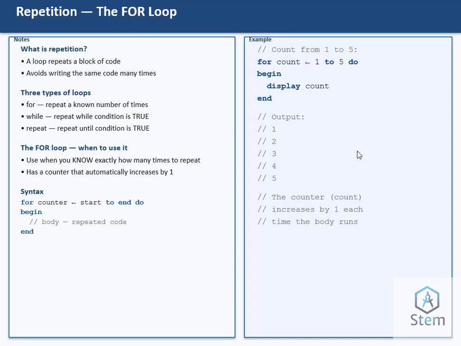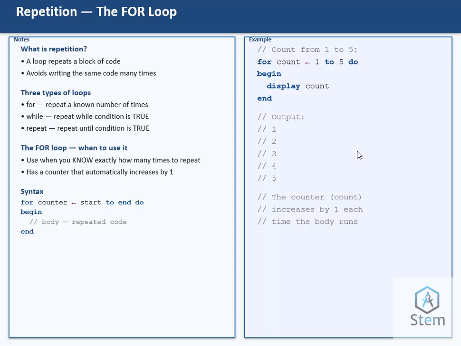You use a for loop when you know the number of iterations which you want to do. The while loop and the repeat loop are known as condition-based loops. We will talk about them in later videos.